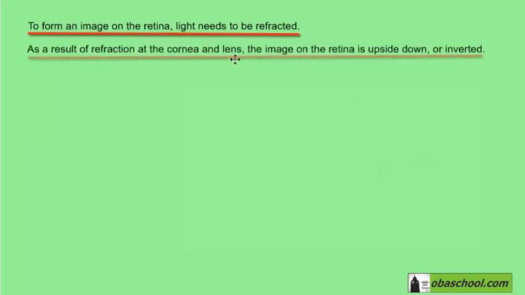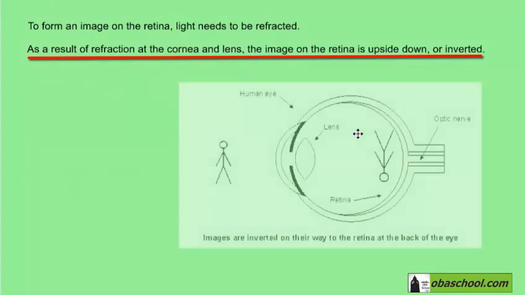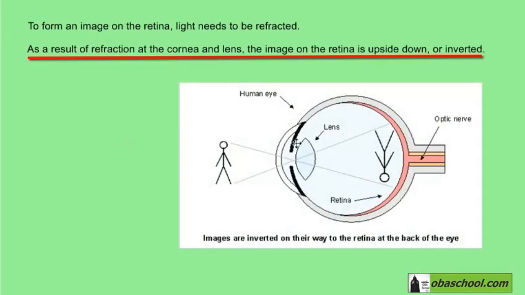So to form an image on the retina, light needs to be refracted. As a result of refraction at the cornea and the lens, the image on the retina is upside down or inverted. So here's the image, and we see this is the cornea and this is the lens.